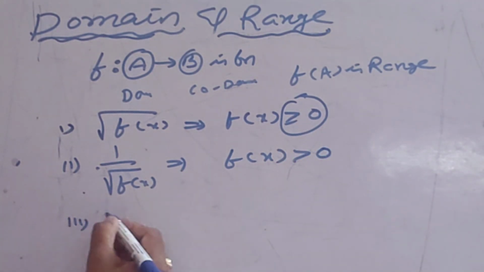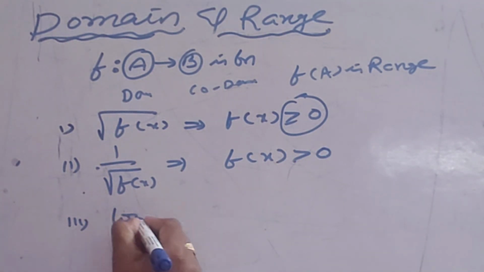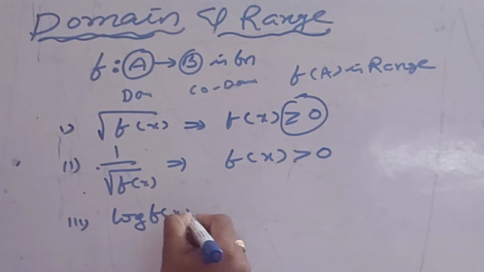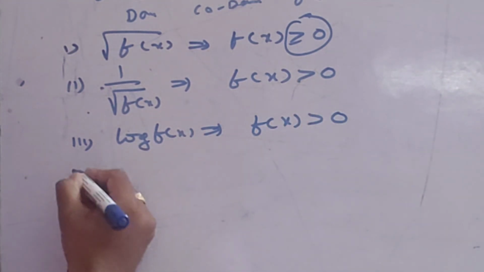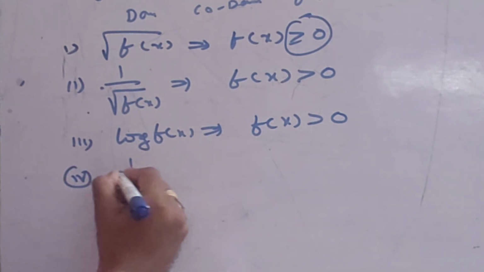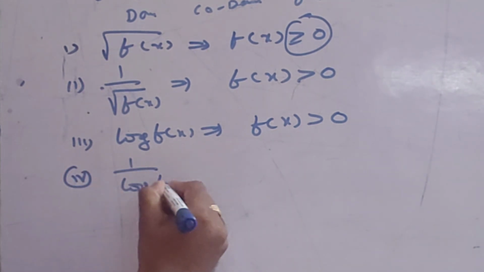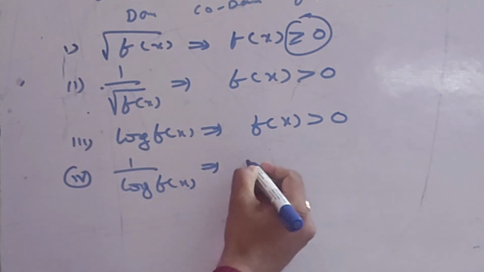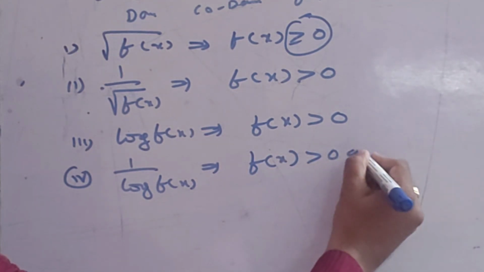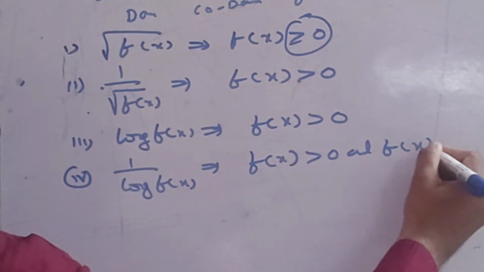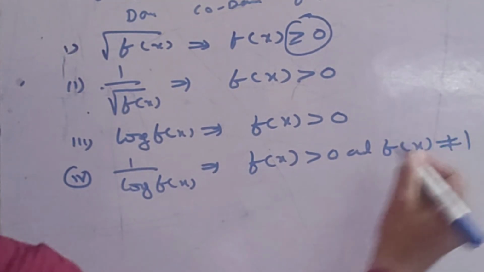Third, the log function is defined when f of x is greater than 0. The one-by-log function is defined when the function is greater than 0 and the function is not equal to 1.